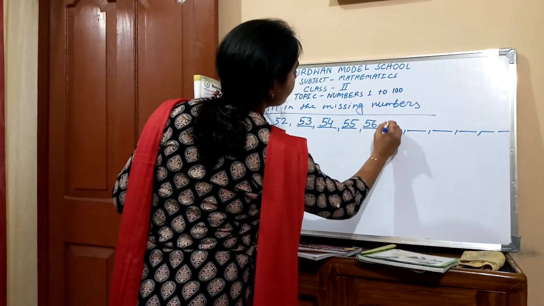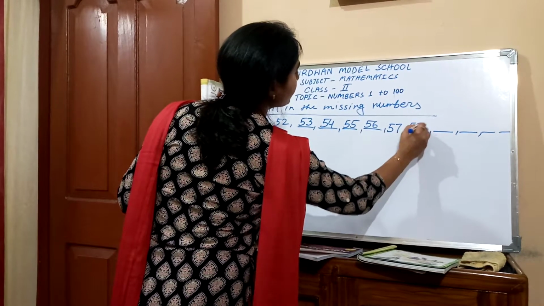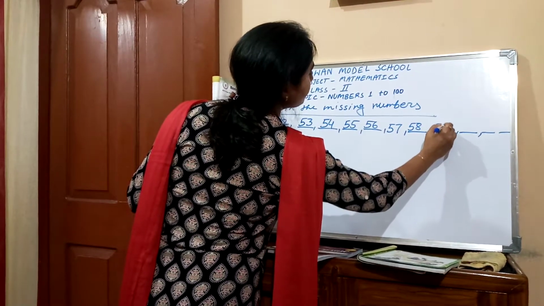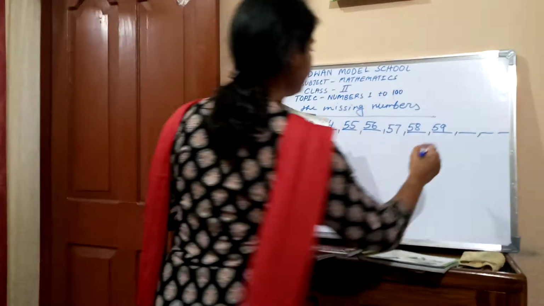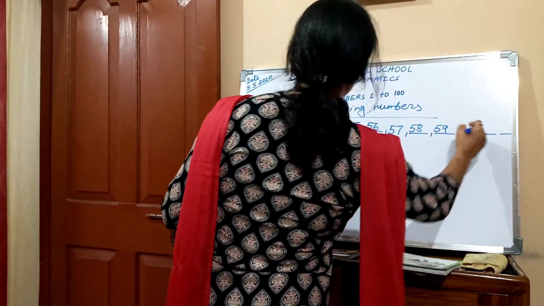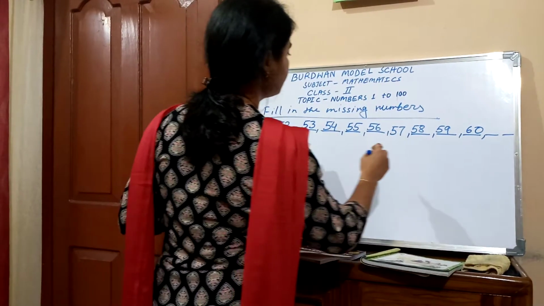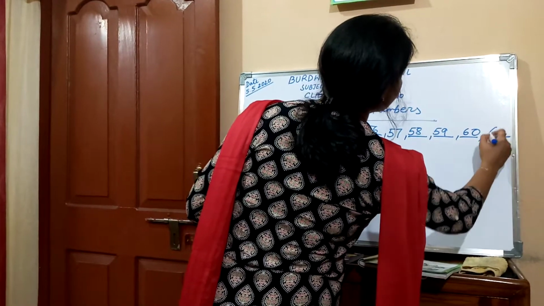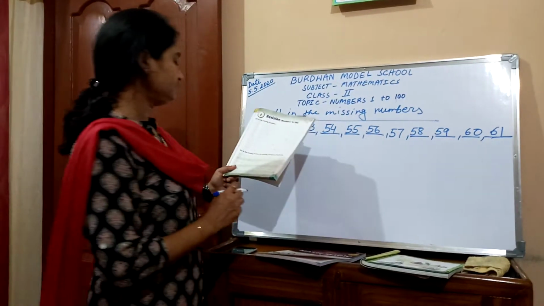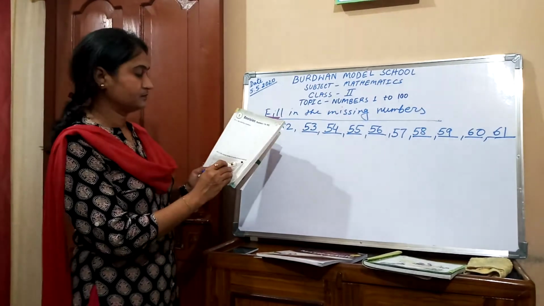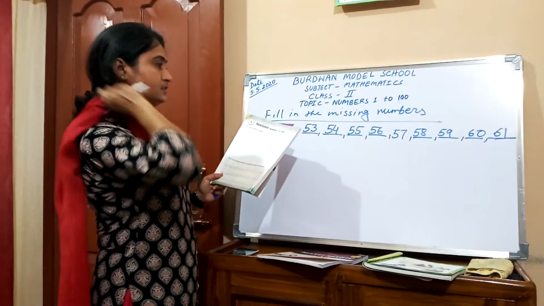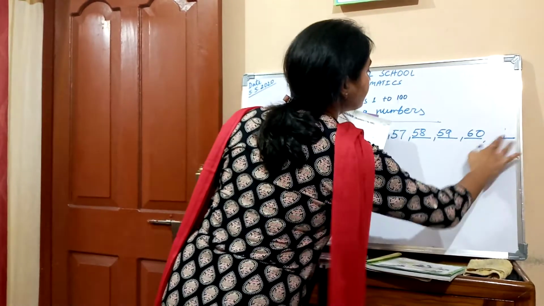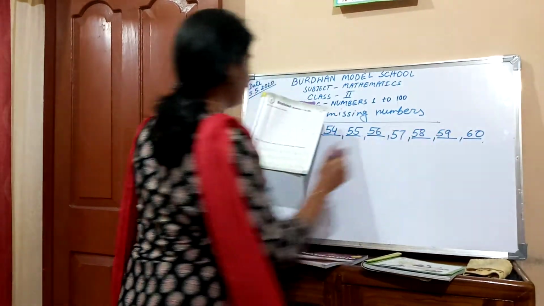It is already given in your book. Write down 58, 59, 60. Okay, it is till 60, not 61.